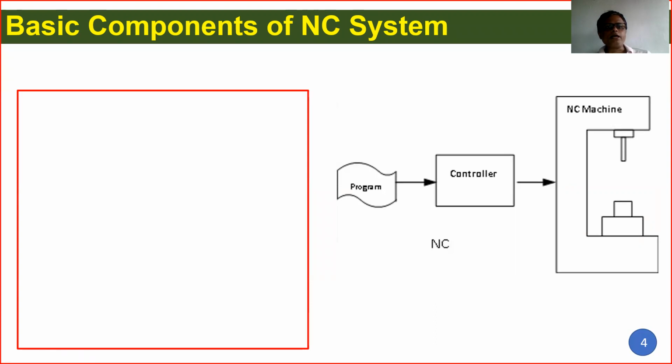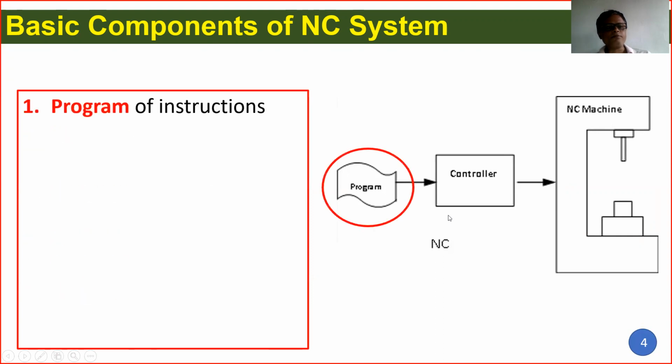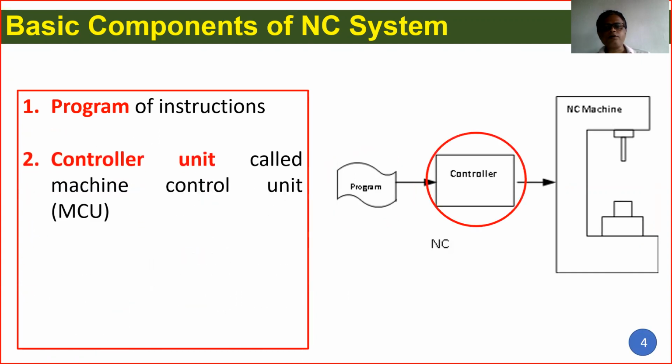So what are the basic components of NC system that we will see? The basic components are, first part is the program of instructions, which is a set of instructions. The second part is the machine control unit.